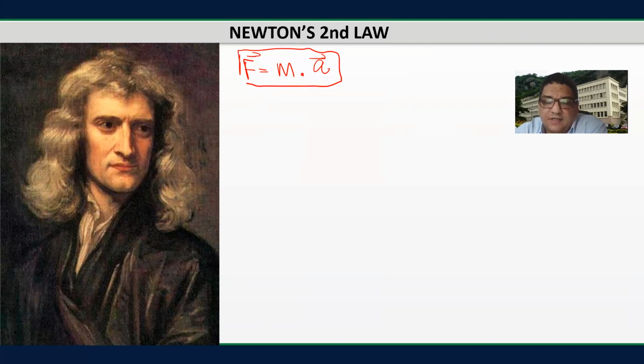Next slide, next picture. So, Isaac Newton didn't say that F is equal to mass times acceleration.